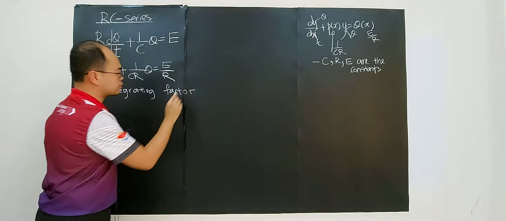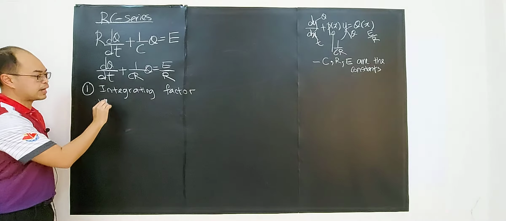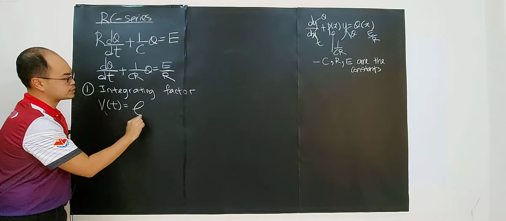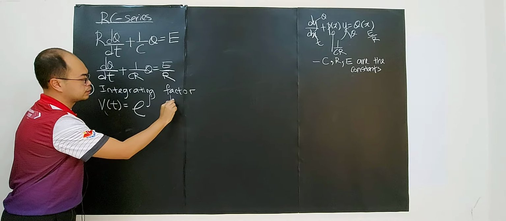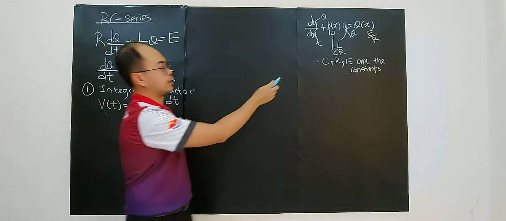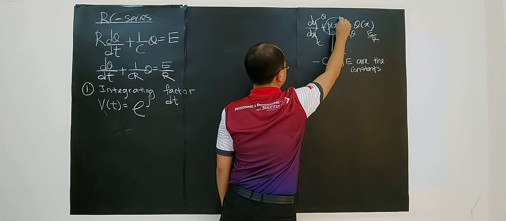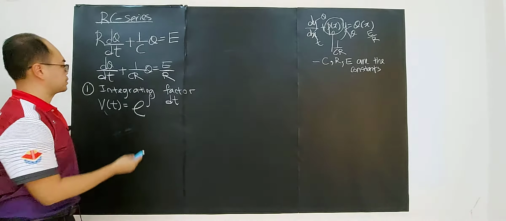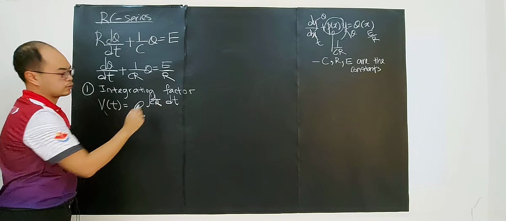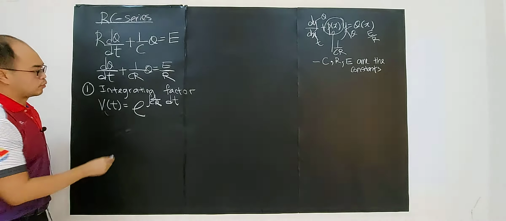To find the integrating factor, we usually divide by Vx. For this case, the x is t, right? Vt, and the formula is exponent of the integral of P dt. What is your Px? The Px is 1 over CR.